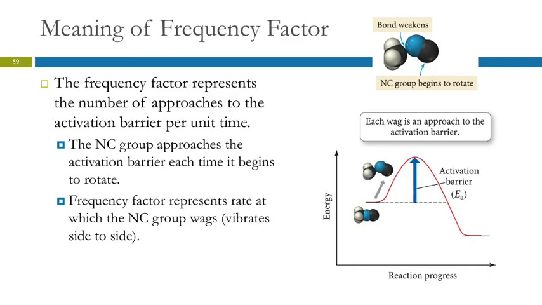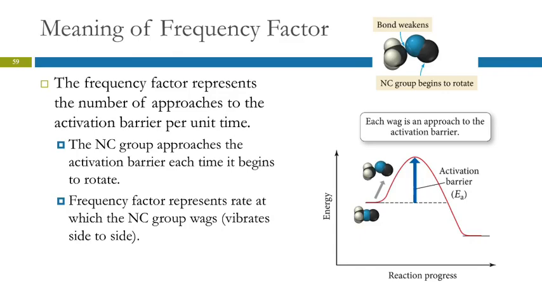So the frequency factor represents approaches to that barrier. So we can think of this molecule here. We've got to kind of pull this out and begin to rotate it. That's like a wagging. So it vibrates from side to side, and how many times does it wag? It's like the tail on a dog.